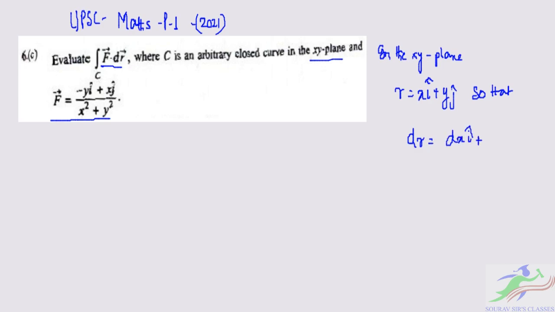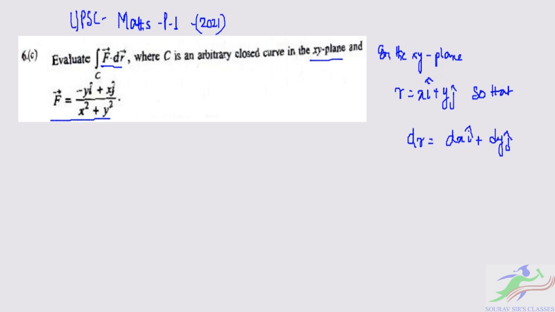In the xy plane, r is equal to x i plus y j, where i and j are unit vectors, such that dr is equal to dx i plus dy j. Got it?